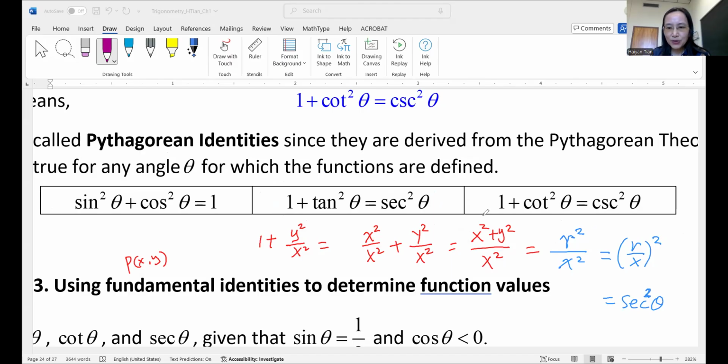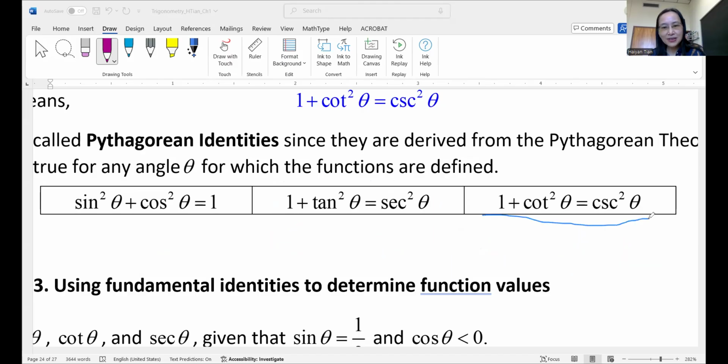And one more, so you can try to do it yourself. I just want to show you the three Pythagorean identities, and you might want to ask what is the use and try to see the relation. That means for any theta, if the three identities are true, then you can find sine if cosine is given, right?